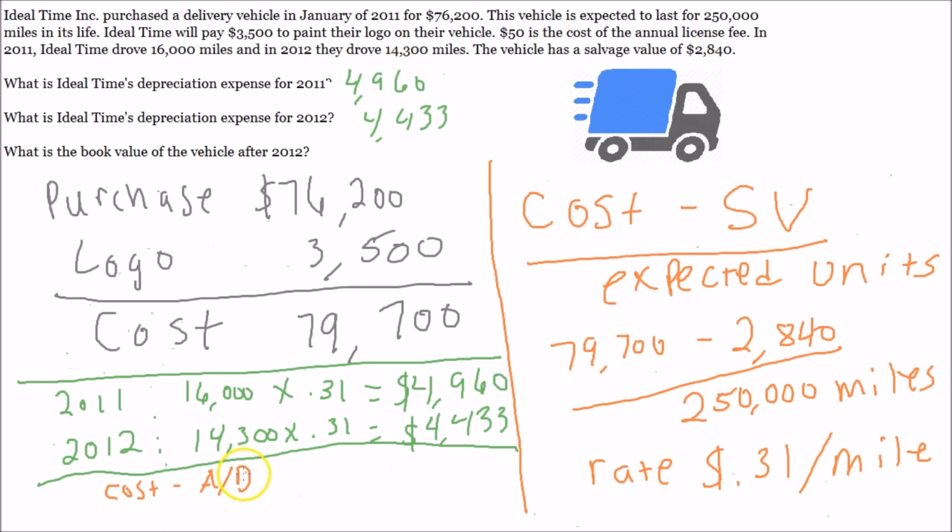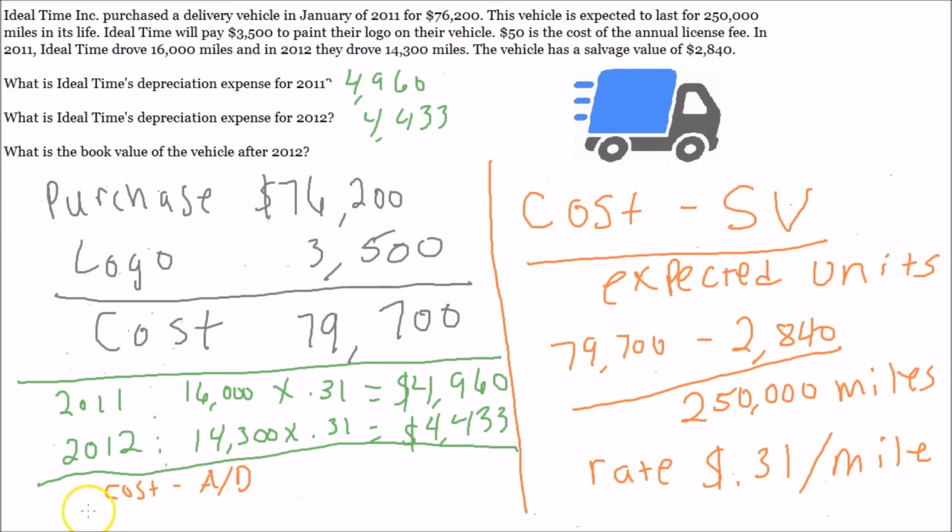Accumulated depreciation, all that is the sum of your depreciation expenses. That's it. And we only have two here, 2011 and 2012. Add these two numbers together, that's your accumulated depreciation. And you get $9,393.